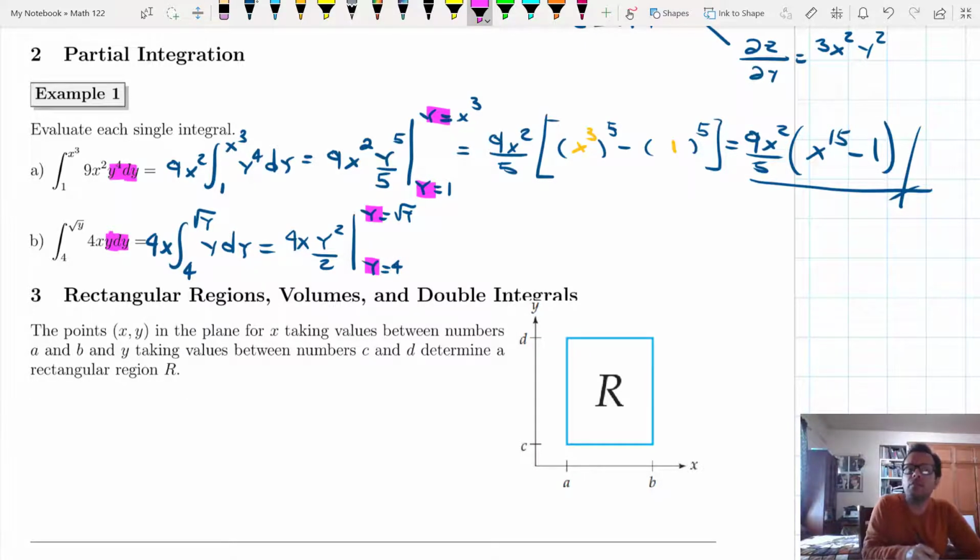But no, because we integrate only with respect to y, we plug in the upper limit and the lower limit only in the variable y. So 4 divided by 2 reduces to 2, giving us 2x y squared evaluated from y equals 4 to y equals the square root of y.